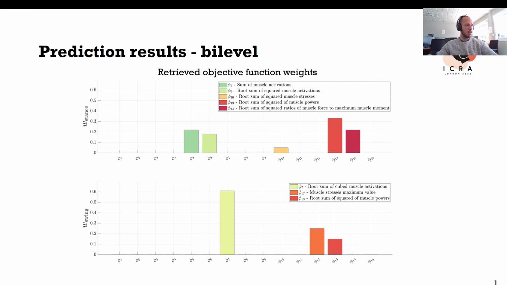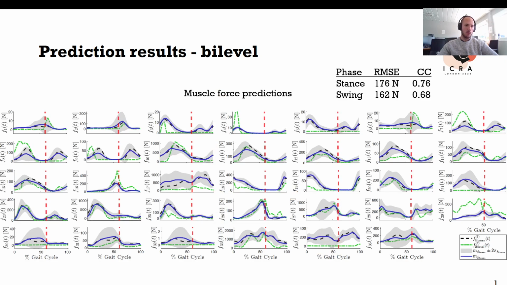These features depend on the state of the body and are evidence of the presence of feedback in muscle force sharing. 35 muscles were considered in the study, with 10 gait cycles in total. The mean and 3 sigma of our measurements are shown as the blue line and the gray area respectively. A concrete trial is shown in black, and its prediction is shown in green.